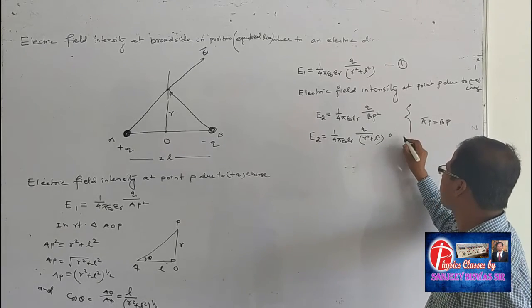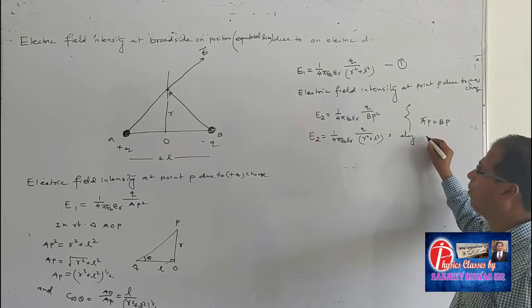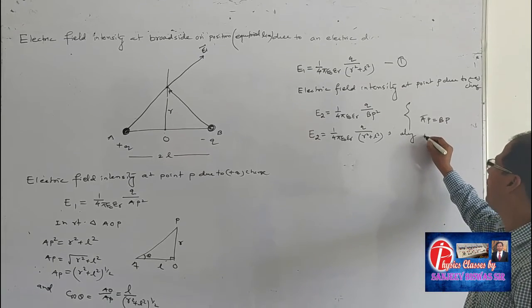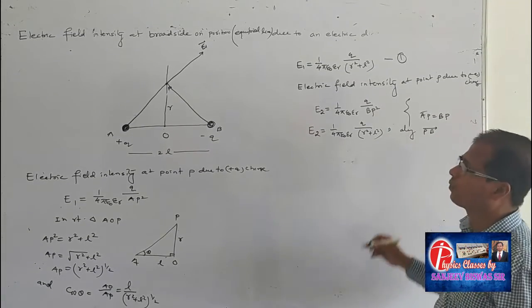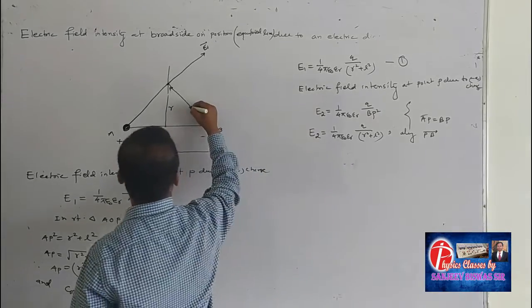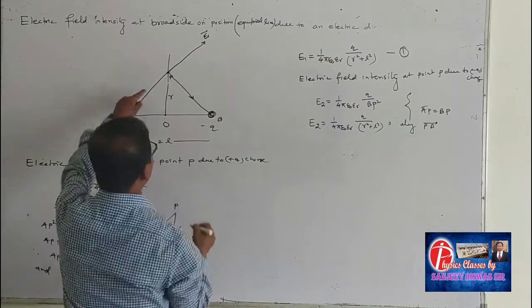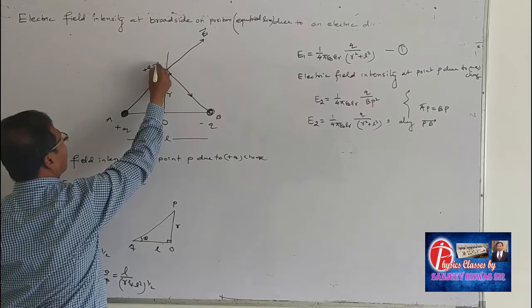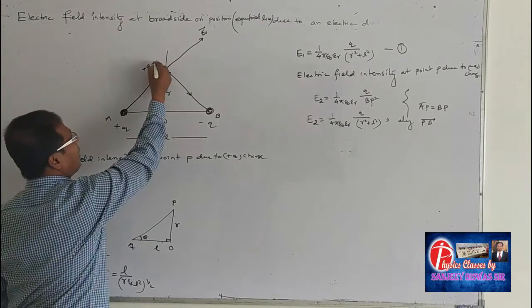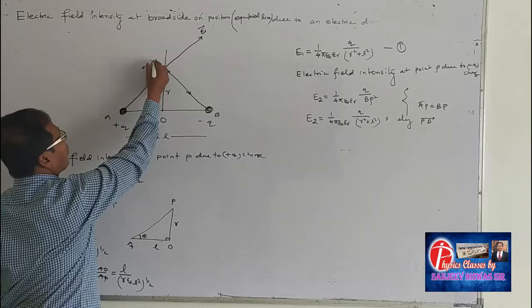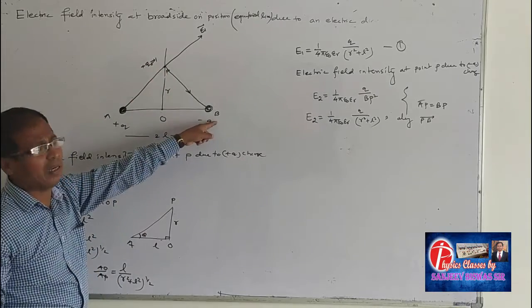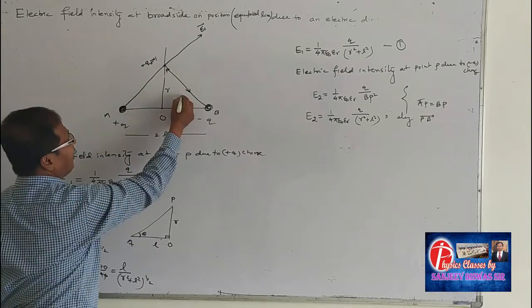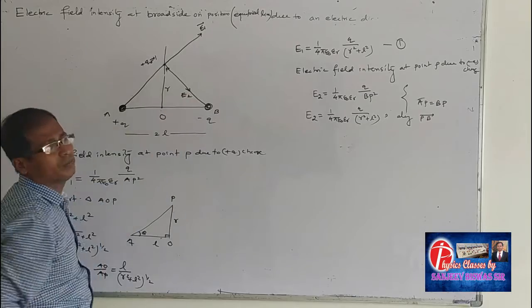Its direction will be along P to B, because an attraction force is acting on the positive test charge, so the direction of E2 will be in this direction.